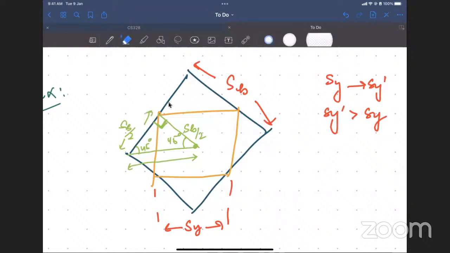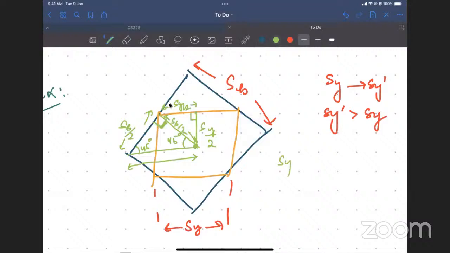But for notation purposes, I'll take it as 90 degrees, and this is SB by 2, and this is SY by 2.